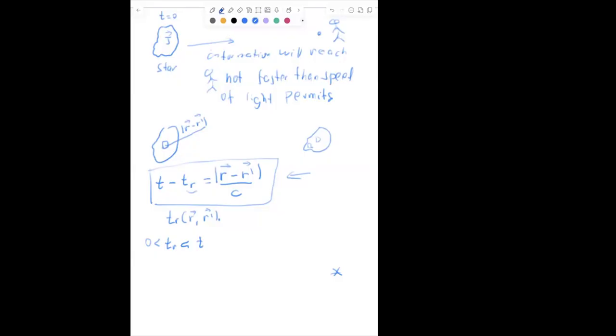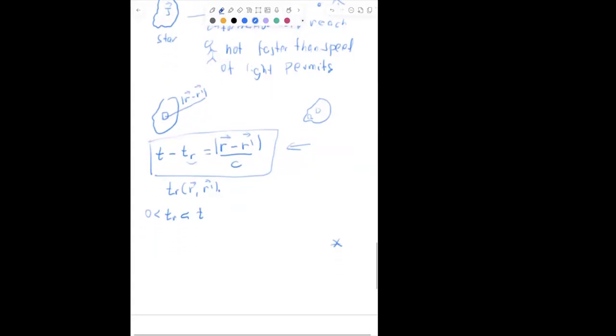And then what is the equation for this TR? It's a quadratic equation that all of you know how to solve, correct? However, it turns out, so this equation has two solutions.